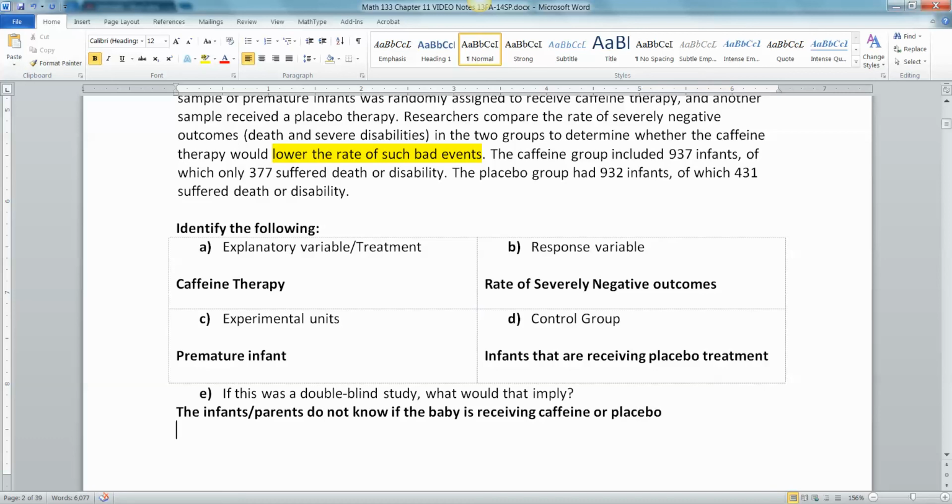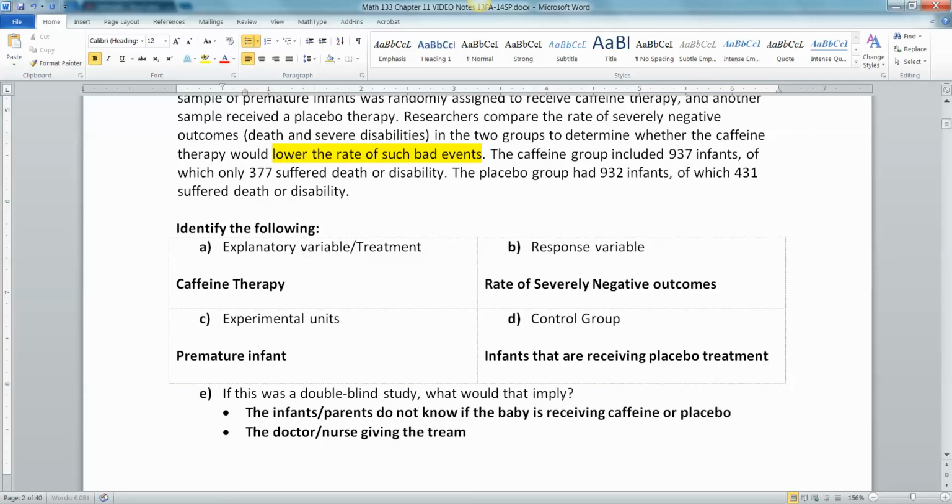Okay, so that's definitely blind on that end. There, I put a little bullet point in there. All right, so now to be double blind, how would that work? So the double blind would mean the doctor or nurse giving the treatment does not know if it's caffeine or placebo.